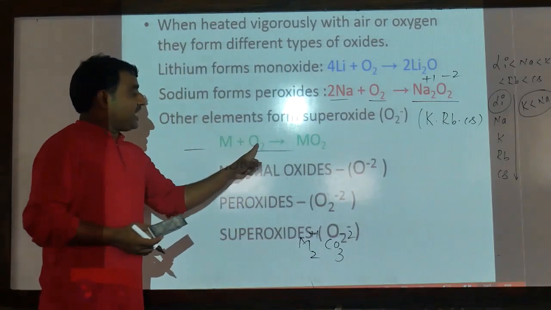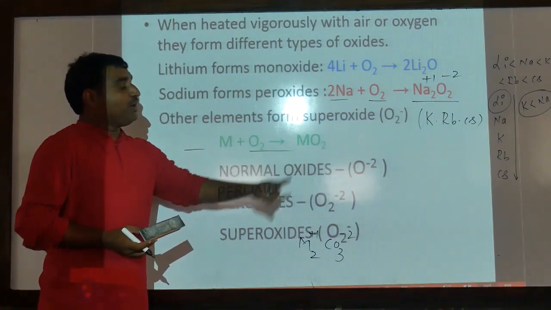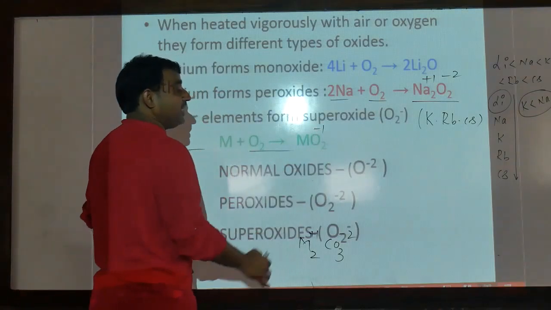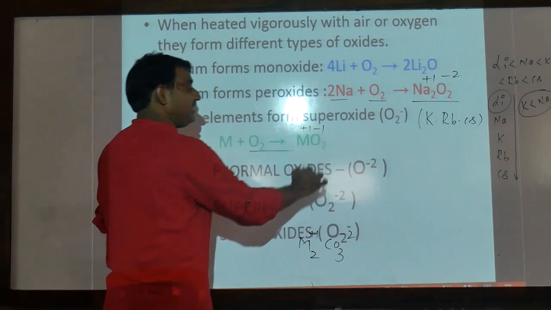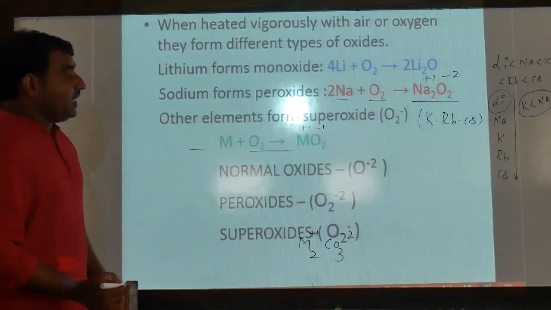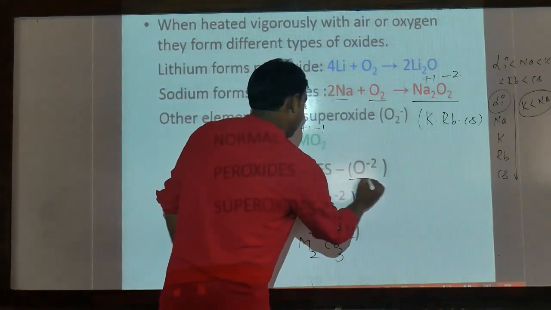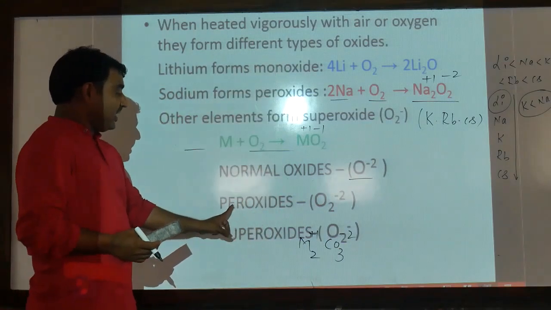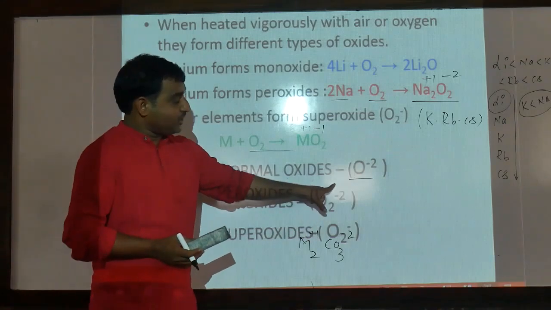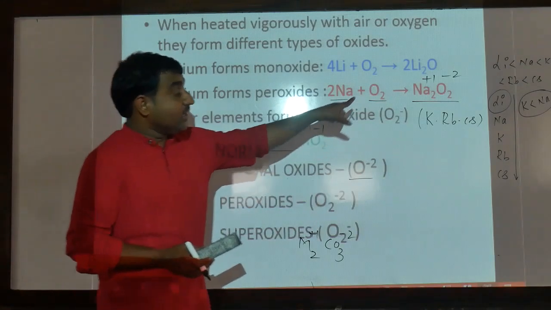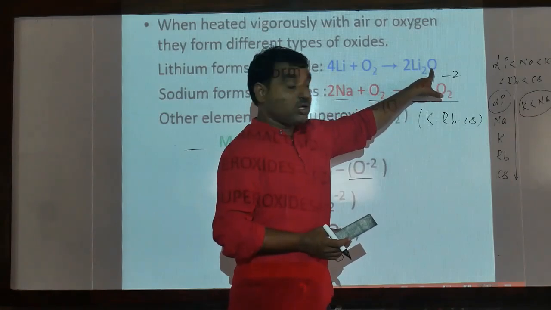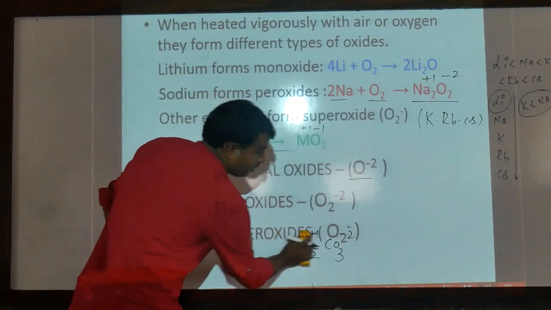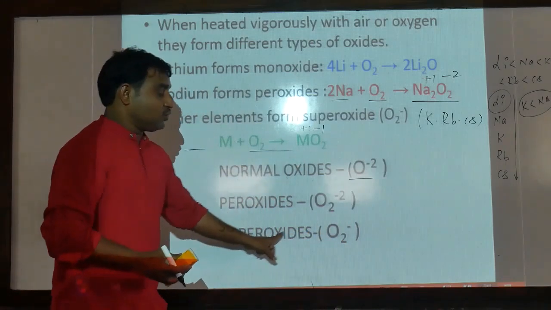Those will react with the oxygen to form superoxides. The charge of the superoxide will be -1, and the metals, being first group elements, are +1. Here O -2 is called a normal oxide, a monoxide; O2 -2 is a peroxide, and O2 -1 is a superoxide.